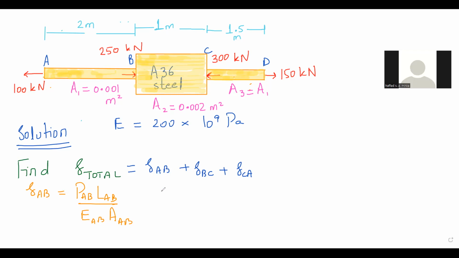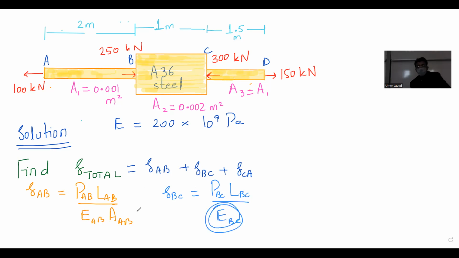Let's do it together. Delta BC is P_BC L_BC over E_BC A_BC. Now it's just E_BC and E_AB are the same, so I'm not even sure why we are bothering to write AB and BC. And delta CD is equal to P_CD L_CD over E_CD A_CD. Of course, we are in the elastic zone. Correct?